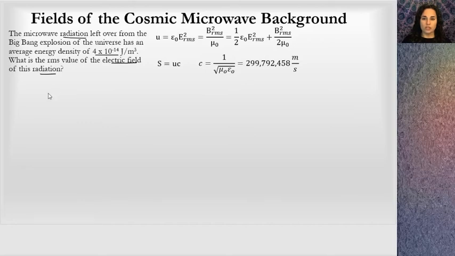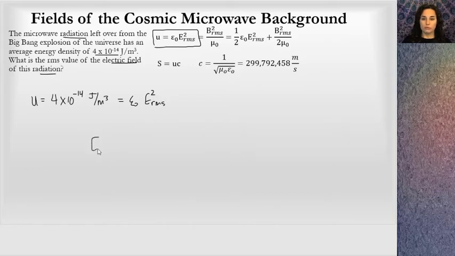So this is the average energy density. I can say U equals 4 times 10 to the negative 14th joules per meter cubed. Okay, it wants the RMS value of the electric field. So when I look at the electric field, I can see that the energy density is related directly to that electric field. So I can set this equal to epsilon naught E_RMS squared over 2.